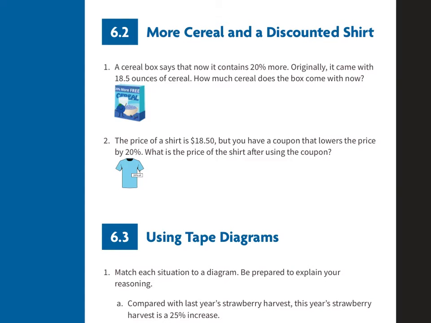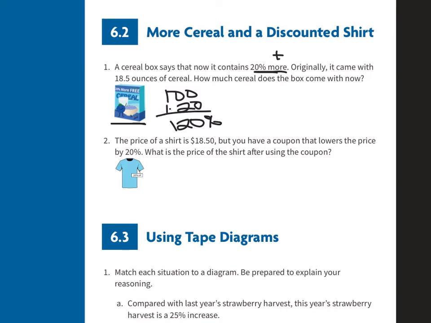So we can start with 100%. And then we can add 20. Remember, more means plus. So if we go 100% plus 20%, that means we have 120% of the original.